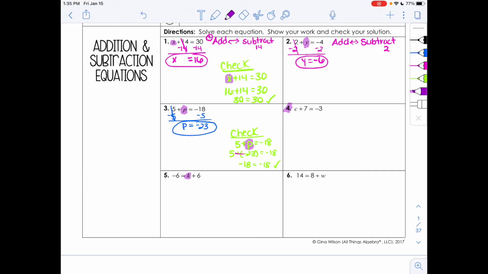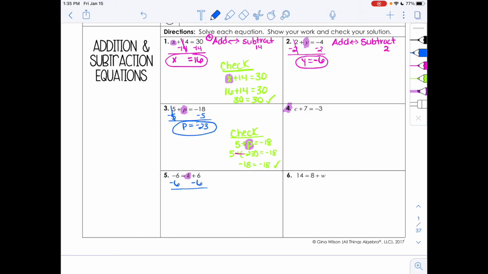We still want to follow the same steps. We want to identify what operation it is, and it's addition. The inverse of addition is subtraction. And in this problem, we're going to subtract 6. Because remember, we're subtracting the number that's on the side of the variable because we're trying to isolate that variable. So we're going to subtract 6 from both sides.